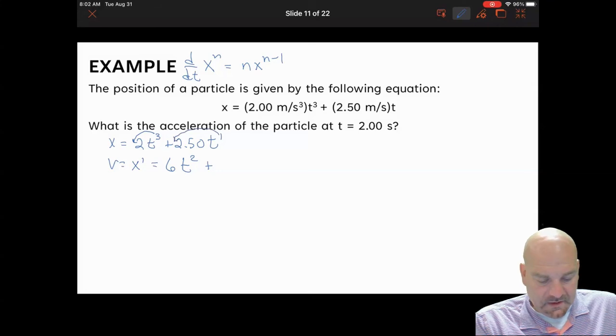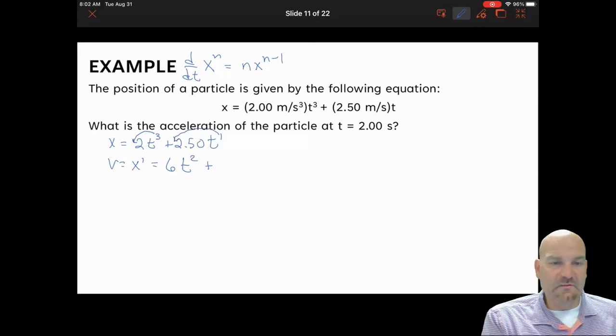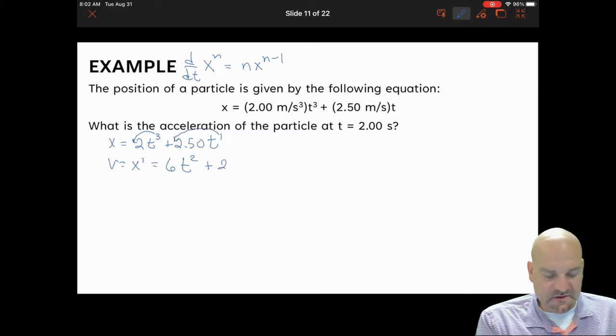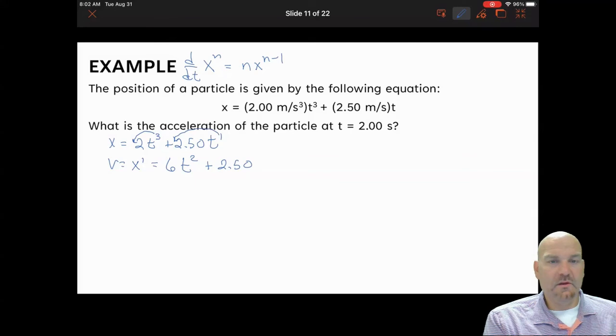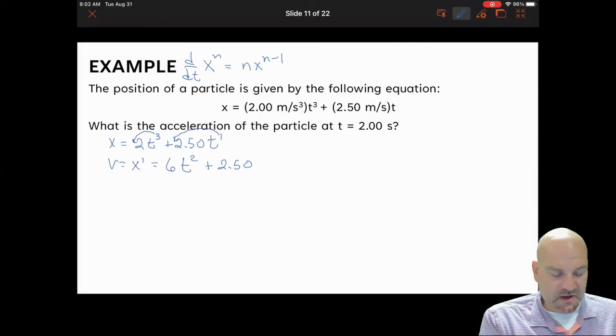Same thing here: anything without an exponent is t to the first, so I bring the 1 down, and t to the 1 minus 1 is t to the 0, which is just 1. So there's my velocity equation.